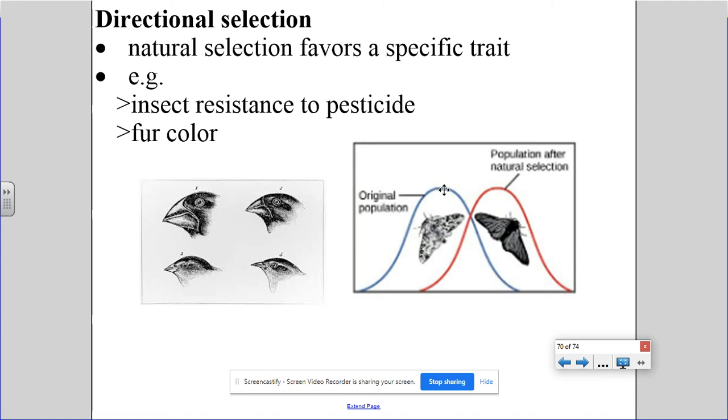The average is right here, but they could be darker, they could be lighter. It's just that most of them are most likely to survive right here. Now, if there's some sort of environmental change, like increased pollution, so now the trees are darker, well, the ones that were darker are now the ones that are more likely to survive. So natural selection is going in a direction.